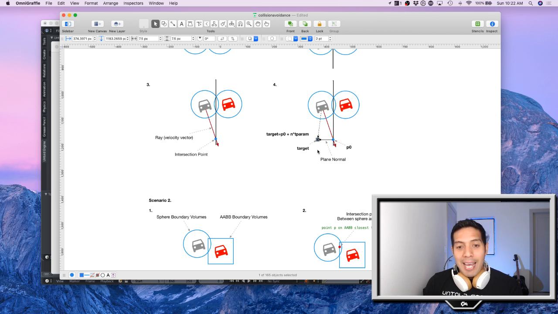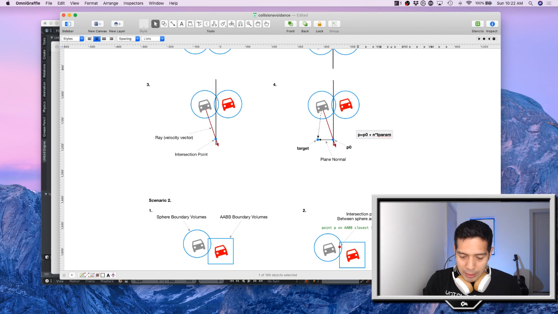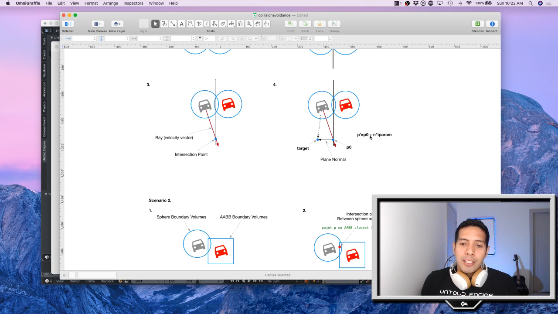All right, and I'm sure you have seen this equation many times. You probably have seen it like this. There you go, like that, right? P final is equal to P initial plus the direction of your vector times a time parameter, right?